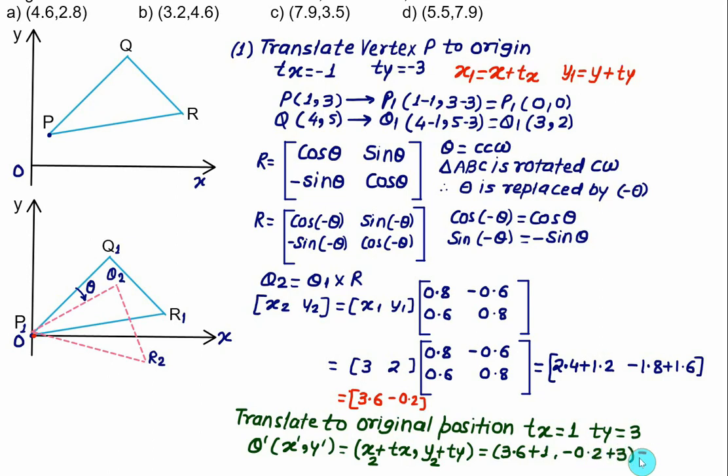So finally we'll be getting this answer as 3.6 plus 1 is 4.6, and minus 0.2 plus 3 is 2.8. We are only interested in Q prime and our choice is 4.6, 2.8. Choice A is the correct choice.